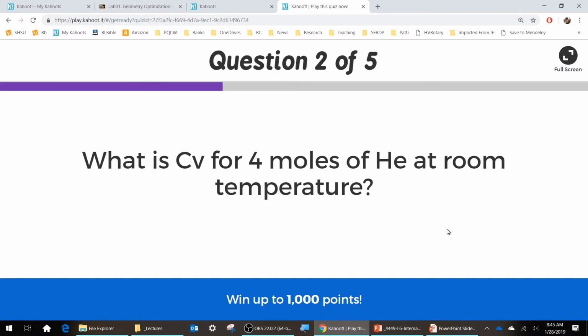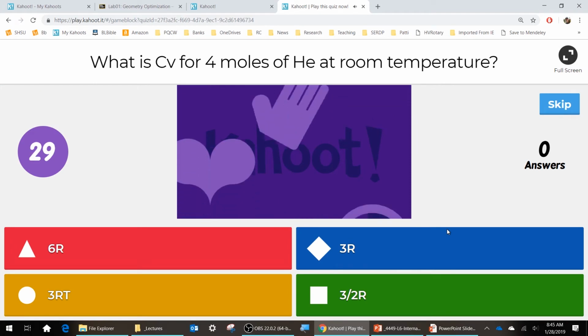What's the heat capacity at constant volume for 4 moles of helium at room temperature?